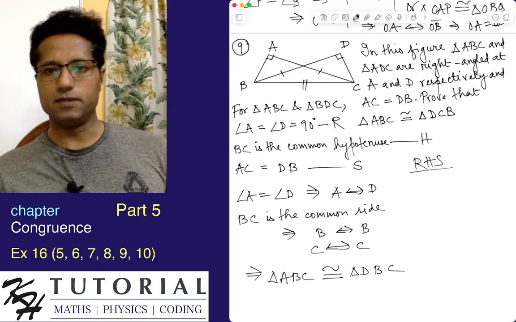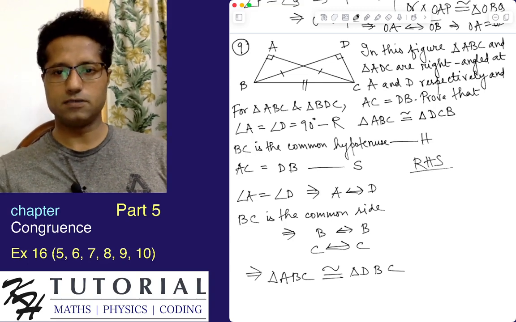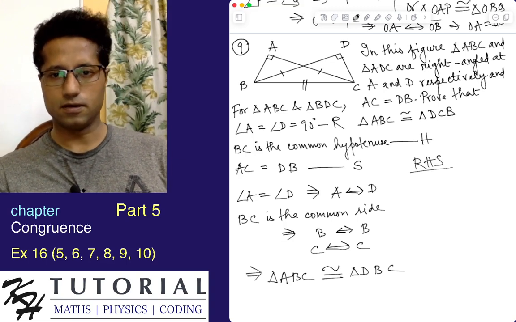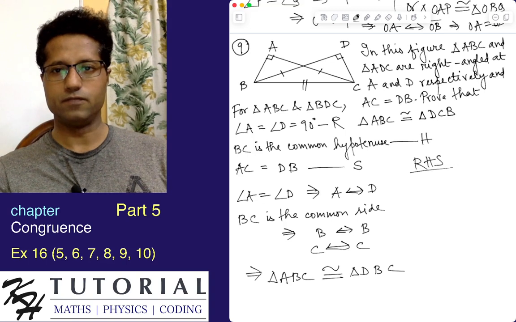A is mapped to D, that is for sure. A is the right angle in triangle ABC and D is the right angle in triangle BDC, so vertex A has to map with vertex D.